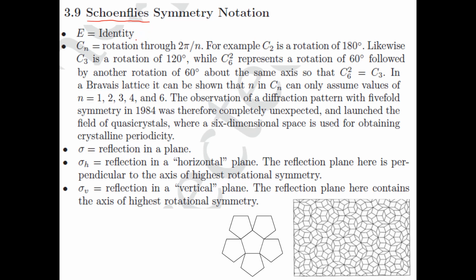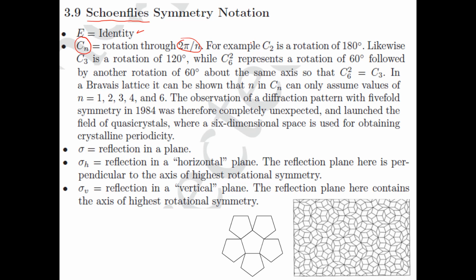In this notation, as we have seen already, the letter E represents in most cases the identity. When you have C sub n, it's a symmetry operation that is a rotation through an angle of 2 pi over n about the main symmetry axis of a molecule.